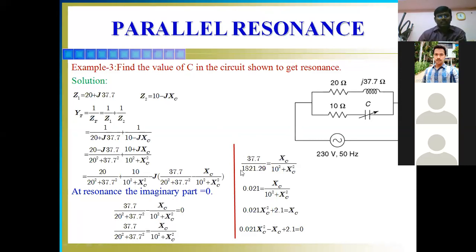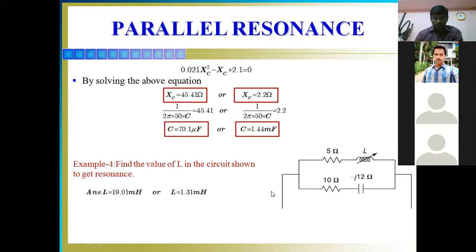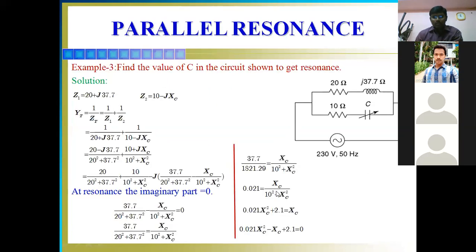And from this, if you simplify it, here all are real values. So you can get 0.021 into (10 square plus XC square) is equal to XC. This 10 square will become 100.